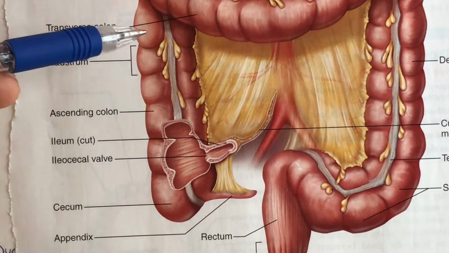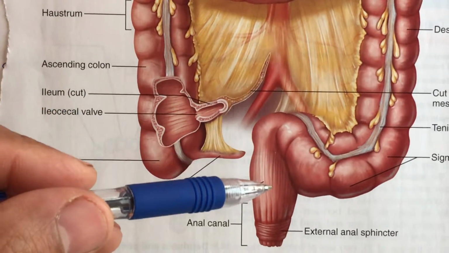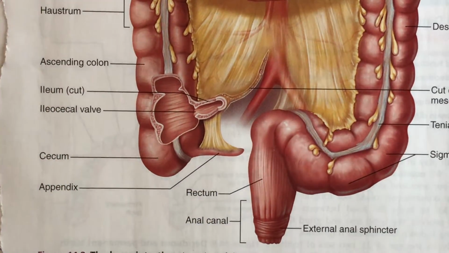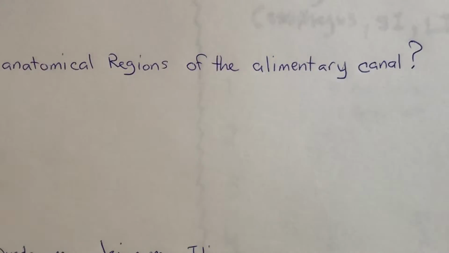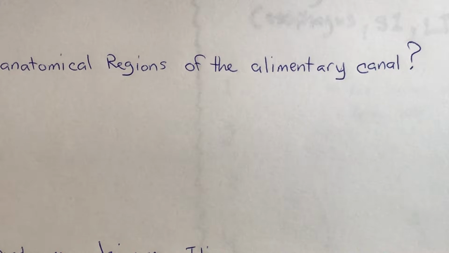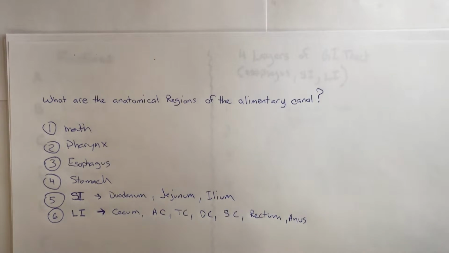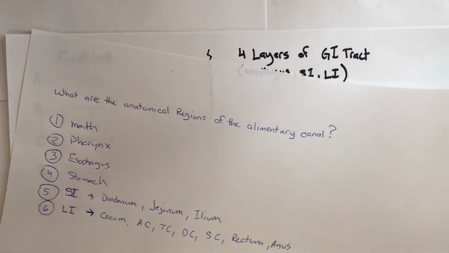And we have the ascending, the transverse, the descending, the sigmoid, the rectum, and then finally the opening is called the anus. Okay. So make sure that you know the order of the alimentary canal from beginning to end, the digestive tract from beginning to end.